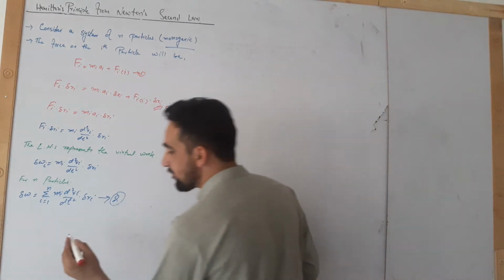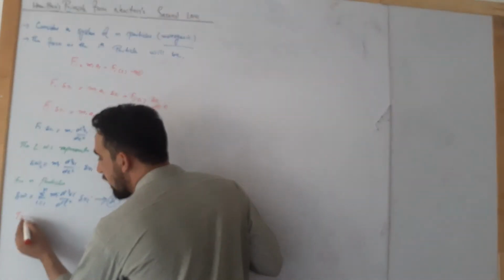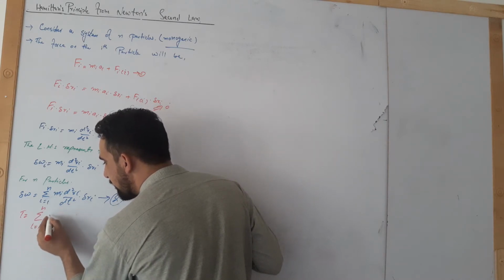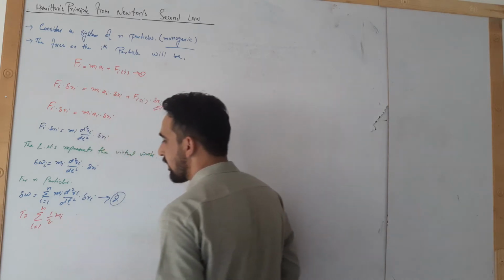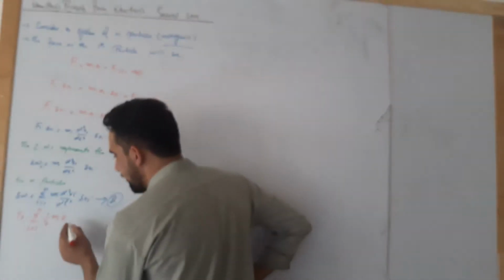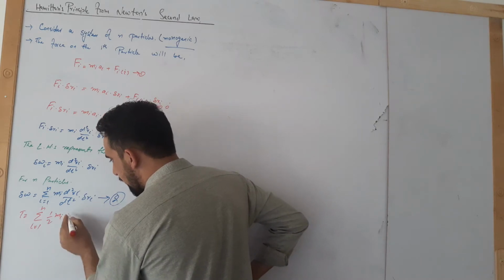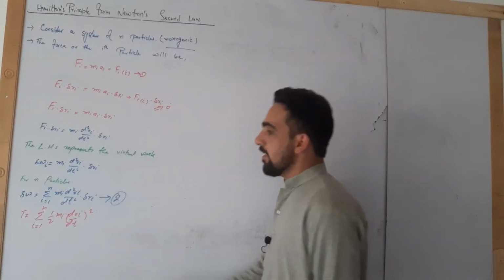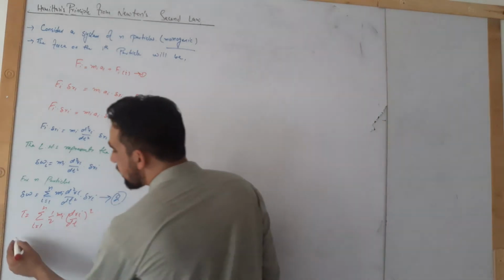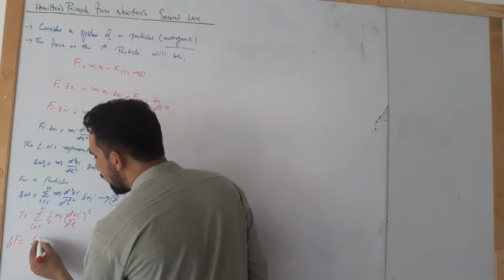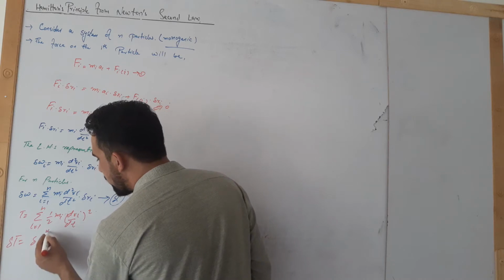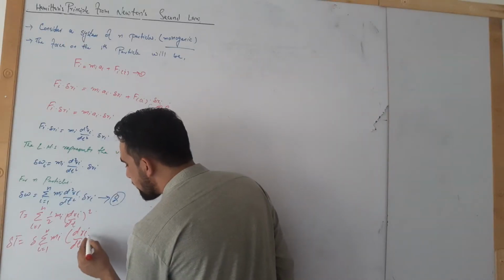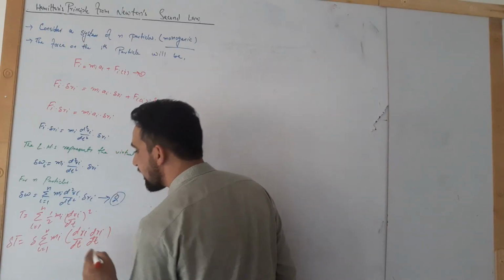What is kinetic energy? The kinetic energy T of the system is summation i is equal to 1 up to n half Mi dRi over dt squared. So this kinetic energy could be written as del T is equal to del of summation i is equal to 1 up to n half Mi dRi over dt times dRi over dt.